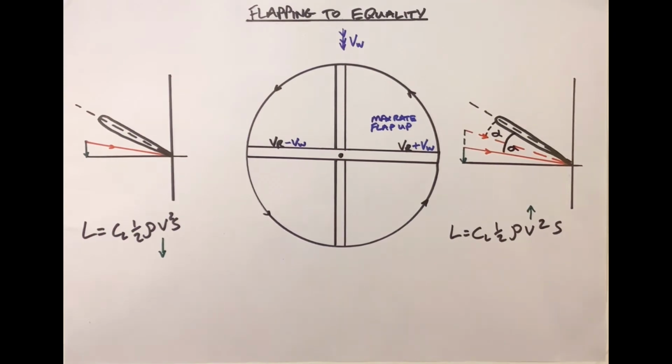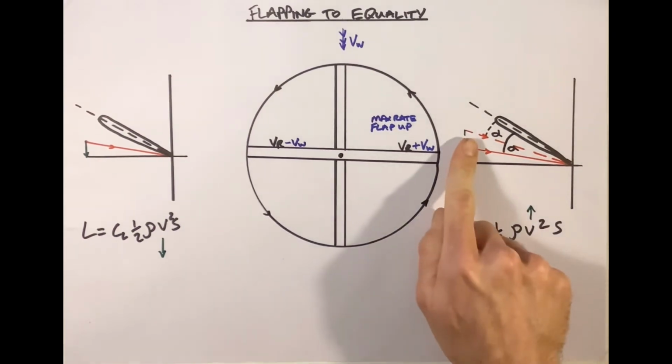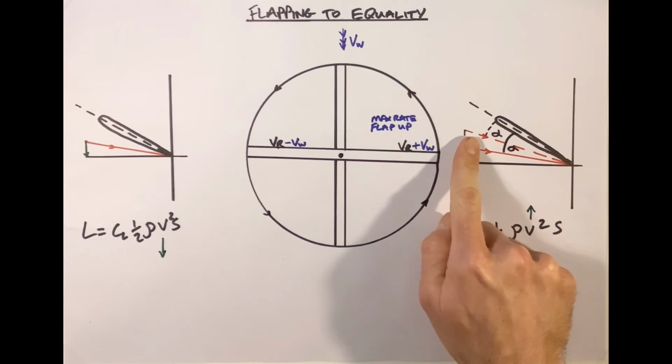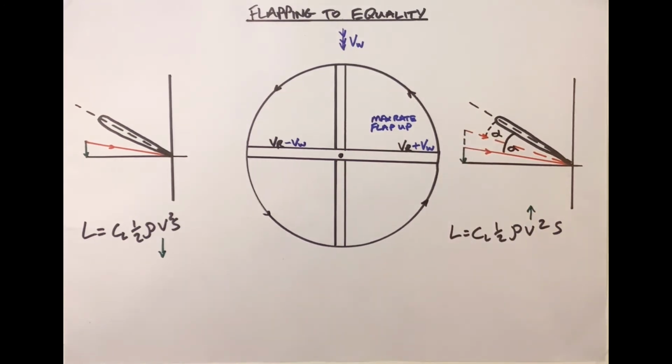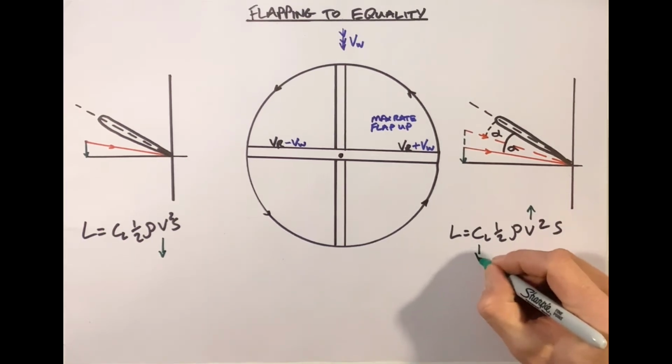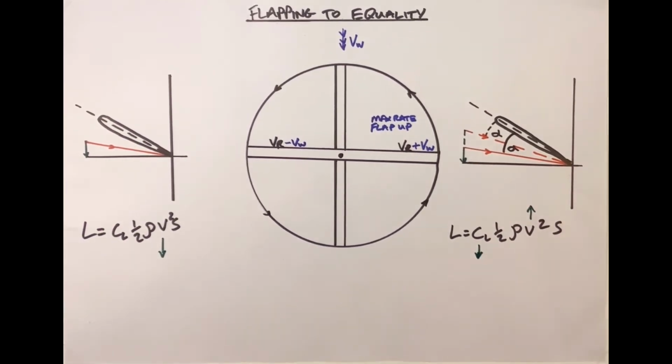So if we've got an increase of induced flow, you can see that we've got a much steeper relative airflow, which is giving us a smaller angle of attack. Smaller angle of attack gives us a smaller coefficient of lift. So if we've got a smaller coefficient of lift, that's going to reduce our lift.